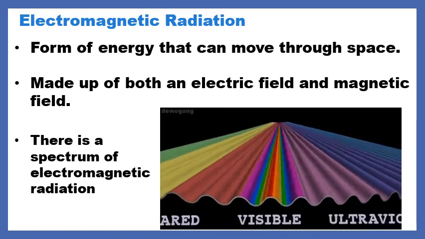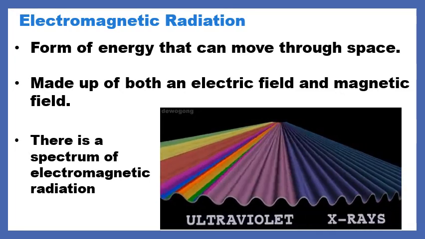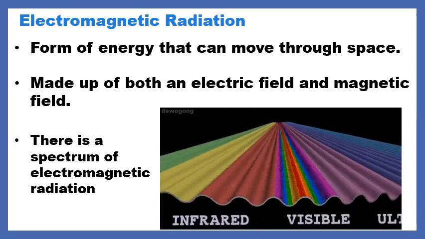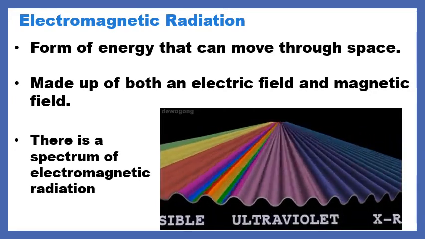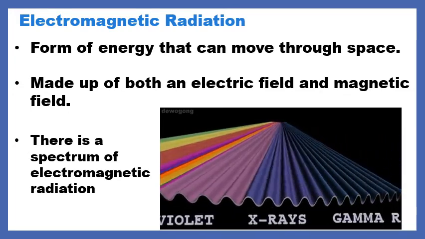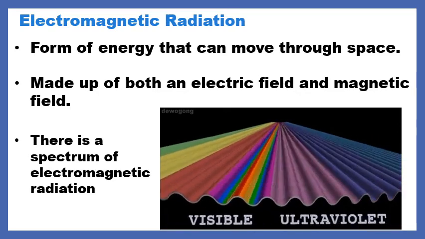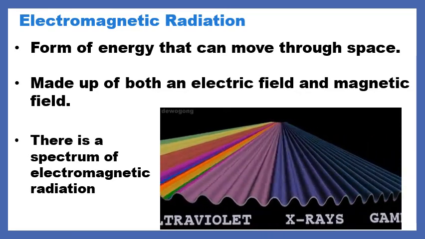So here is a GIF of the electromagnetic radiation spectrum. And as you can see, there's some words that you might recognize. You've got microwave. Do you use a microwave? I've been using a microwave a lot lately. Infrared, visible, that stands for visible light. That's all the colors that we can see. Ultraviolet. Have you ever heard of that before?